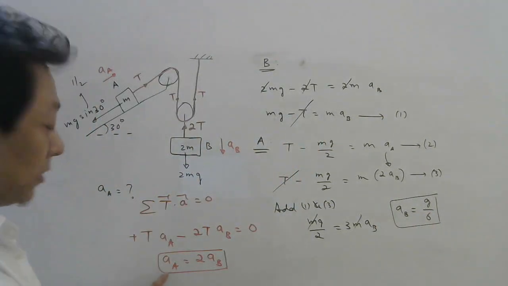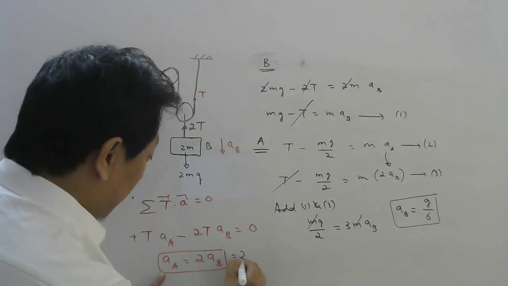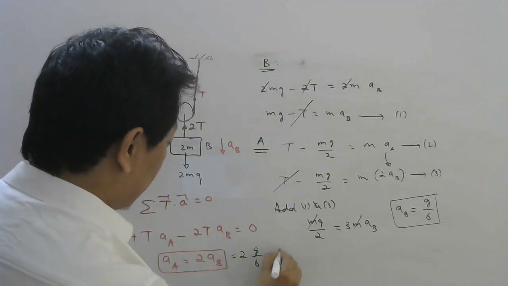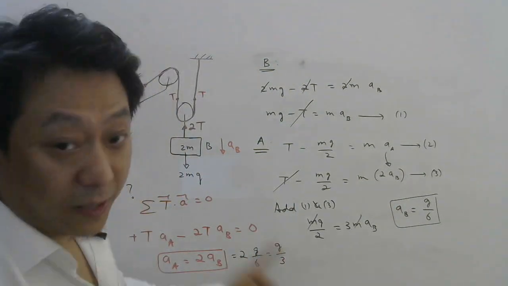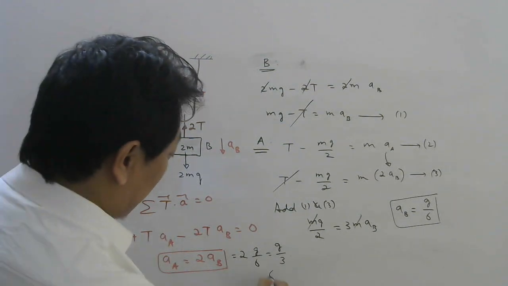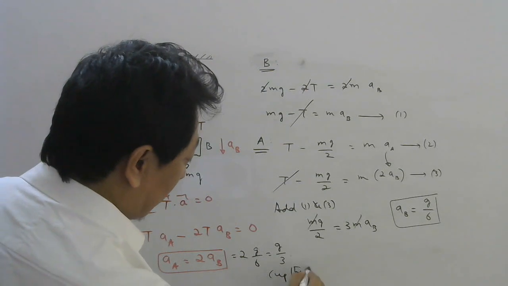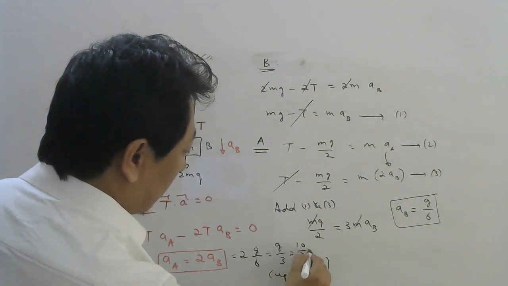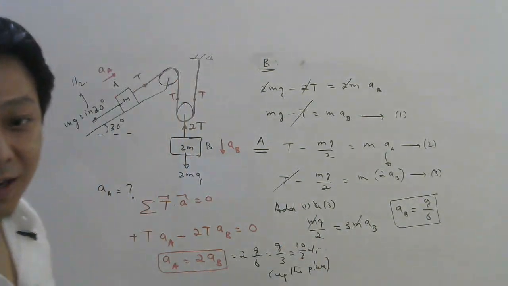But we wanted acceleration of A, which is twice of B. And acceleration of B we got g by 6, so it will be g by 3. It came positive, right? So it will be up the plane. So g by 3 up the plane. If g you want to take 10, then it will be 10 by 3 meter per second square, right?